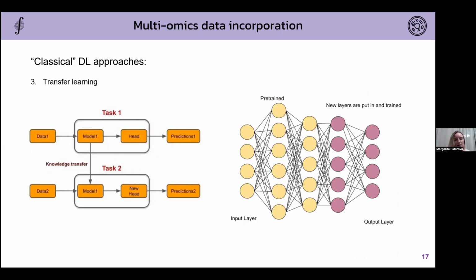Then a bit about transfer learning. It's when we have different tasks and we transfer some learned information from task 1 to task 2.